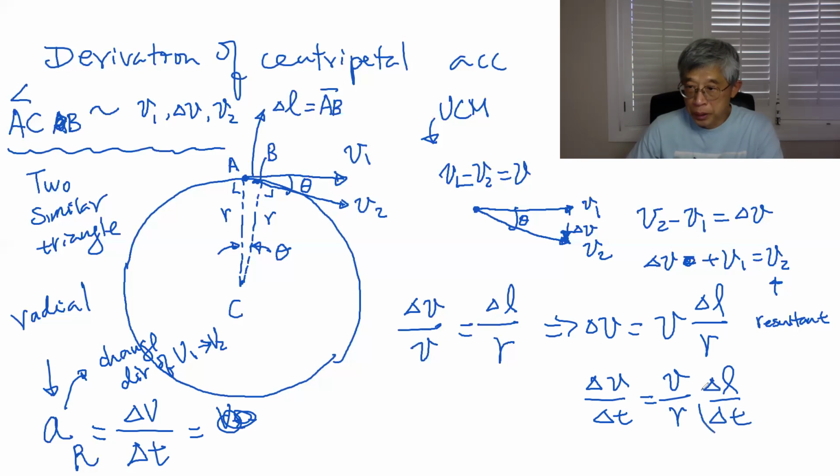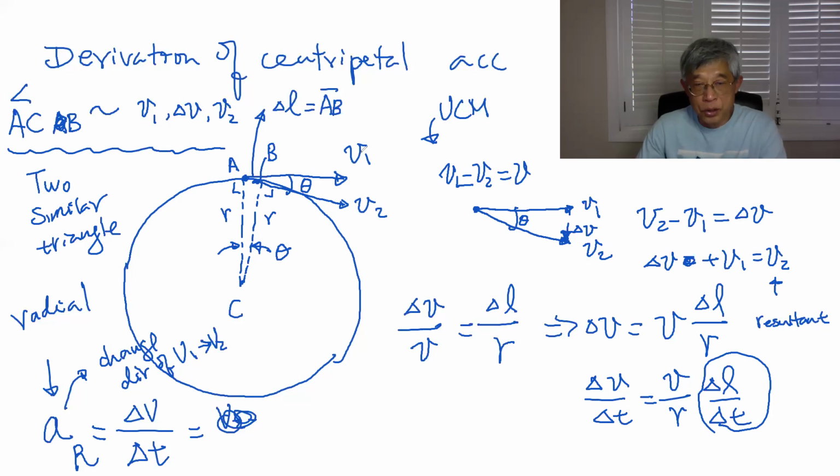This delta L divided by delta t is also V. The distance that you travel within that time is defined by this velocity. Distance divided by time is velocity.